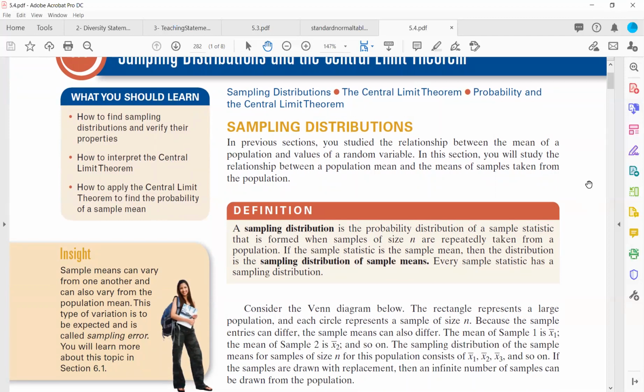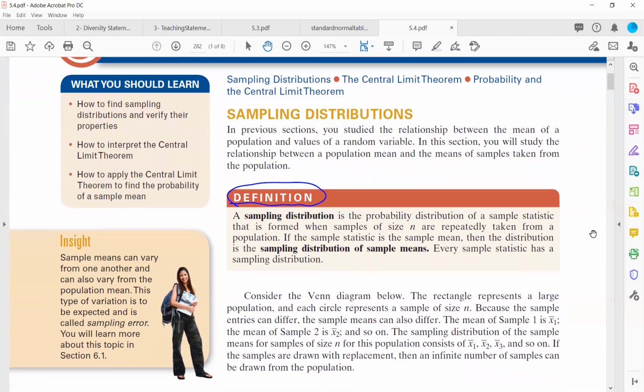Let us look at the official definition. A sampling distribution is the probability distribution of a sample statistic. This sample statistic can be either the mean of the sample, x bar, or a proportion. It is formed when samples of size n are repeatedly taken from a population.